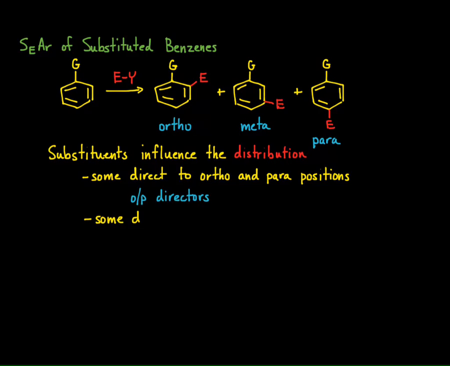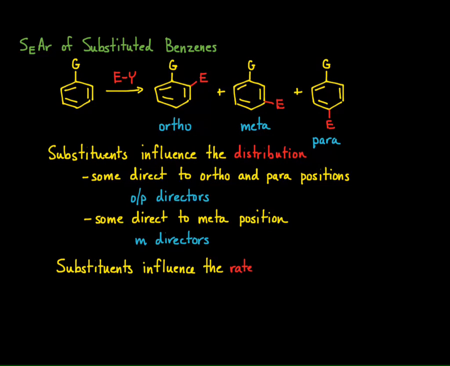And some substituents direct to the meta position, and we call these meta directors, M directors. So we see that there is some regioselectivity, and we're going to talk about why that is in just a little bit. But there's also an effect on the rate of the reaction.